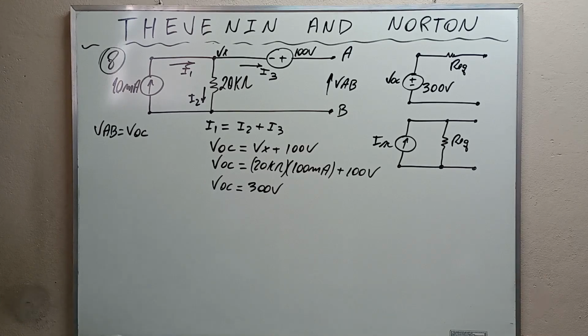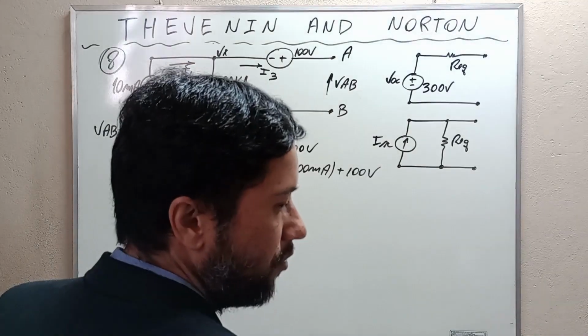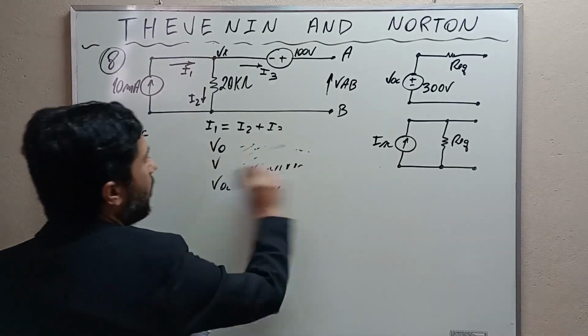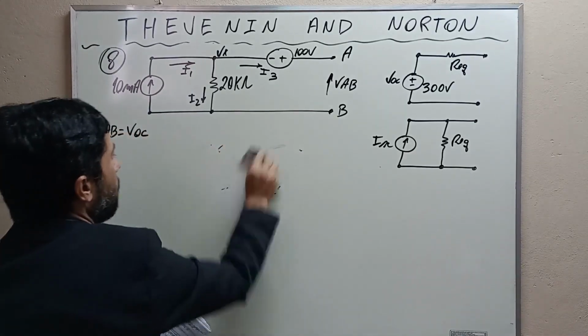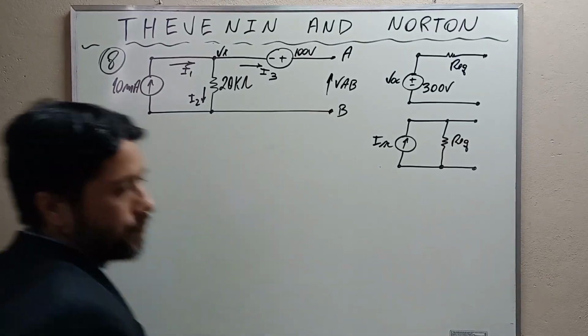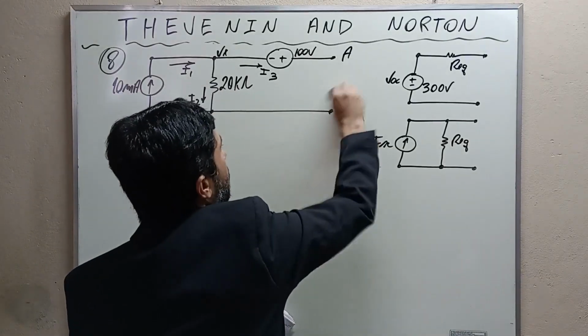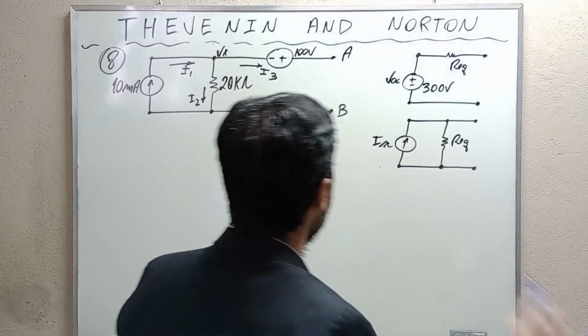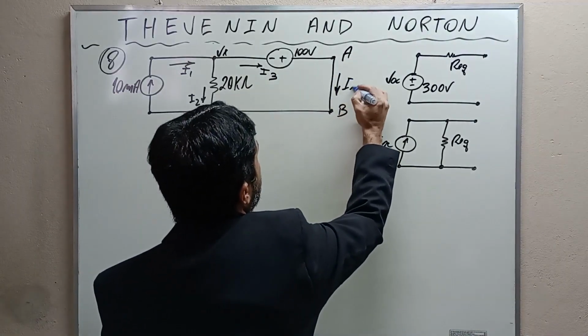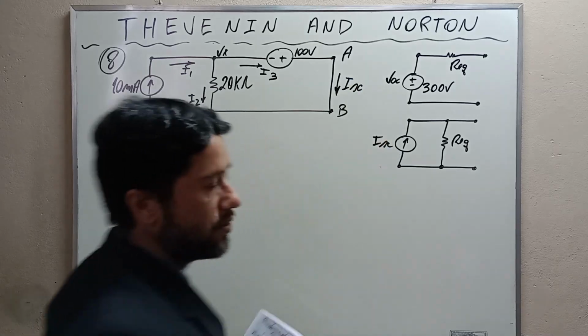Subsequently, we calculate the short circuit current by short circuiting terminals A and B, okay? This is the next step. I'm going to erase here for more calculation. And here, there will be a short circuit here, and the short circuit current is going to pass here.